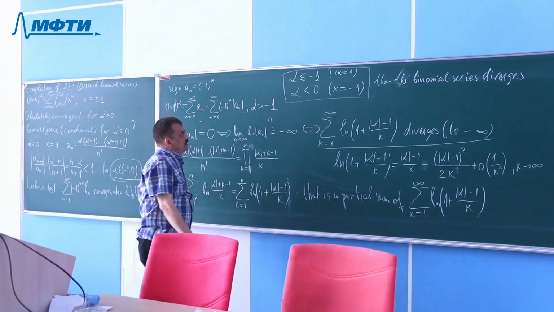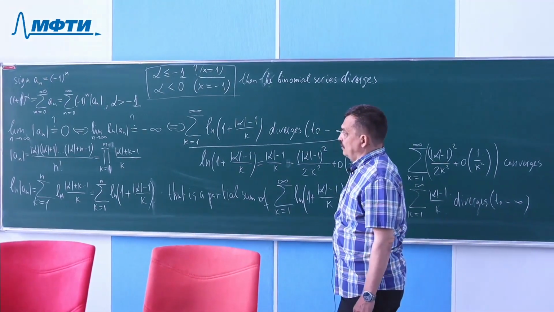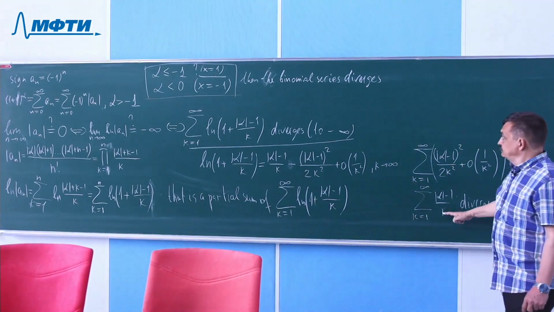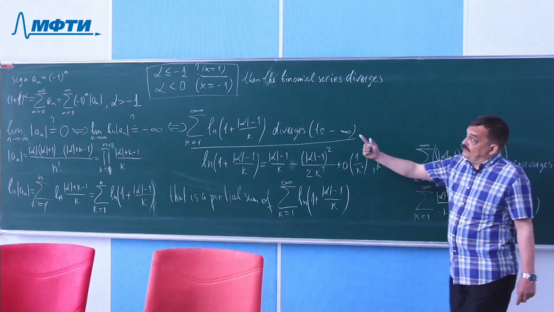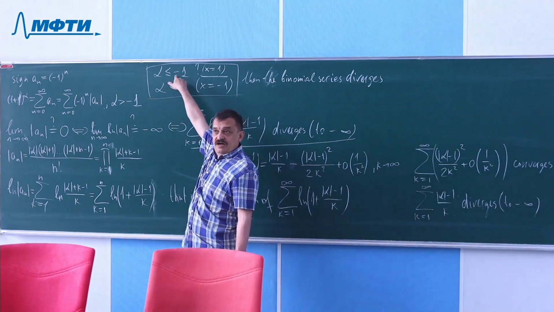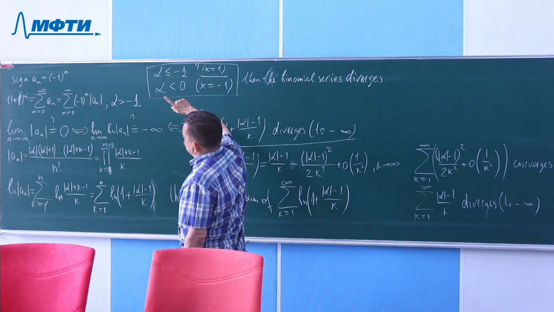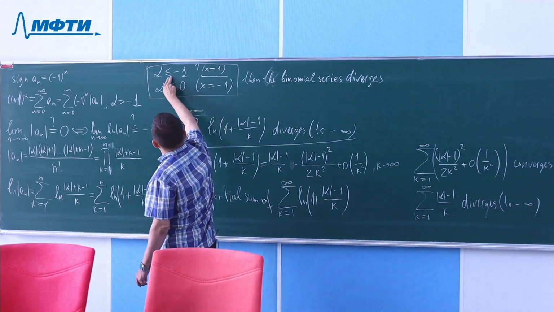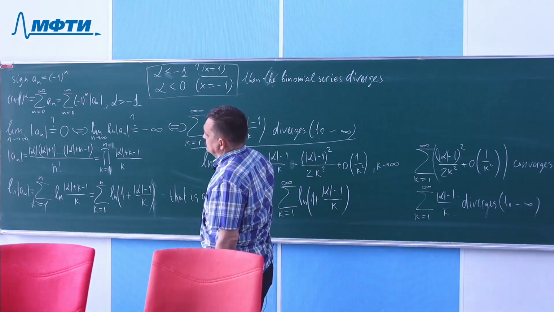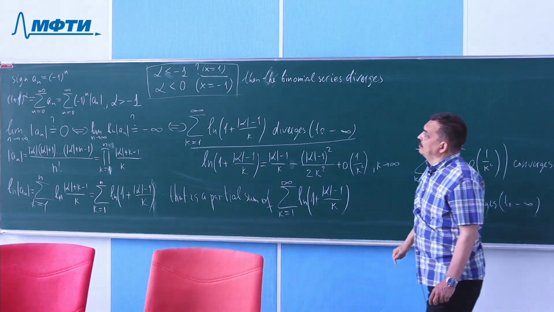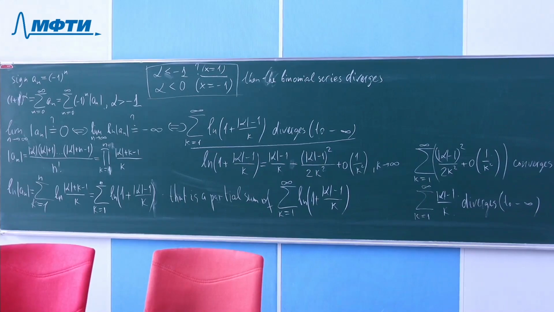For example, let's start with x equals to 1. Look, if alpha is strictly less than minus 1, for a while, strictly less. I will say a little bit later about alpha equals to minus 1.